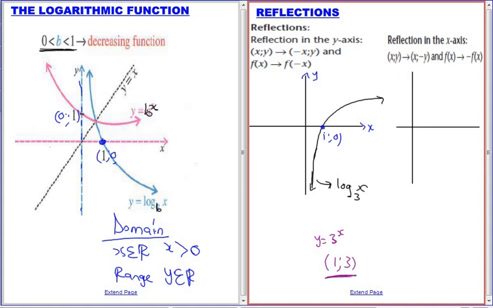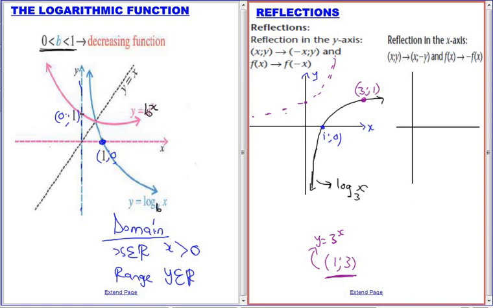So you know that this coordinate will exist on the inverse function. But then, what will this same coordinate be when it goes to the inverse function? Well, you should be able to write it as (3, 1). So you should be able to put at least one more point when you sketch these graphs.